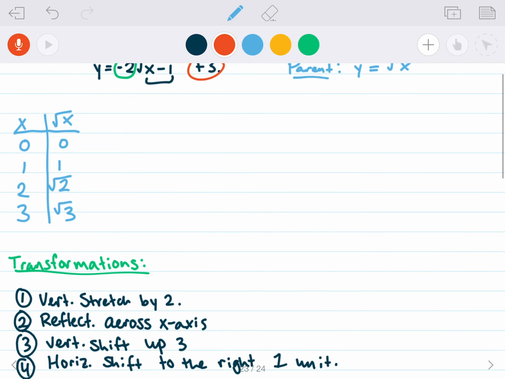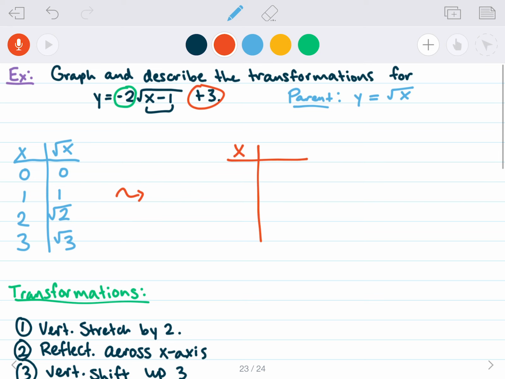So let's actually get a table for this graph. So here I have x, and then I have -2 square root of x minus 1, and then on the outside +3. So let's first figure out what my new x values are, quote unquote new x values. I'm going to take my argument and set the argument equal to each x value to get my new ones. So I have x minus 1 equals 0. Solve for x equals 1.